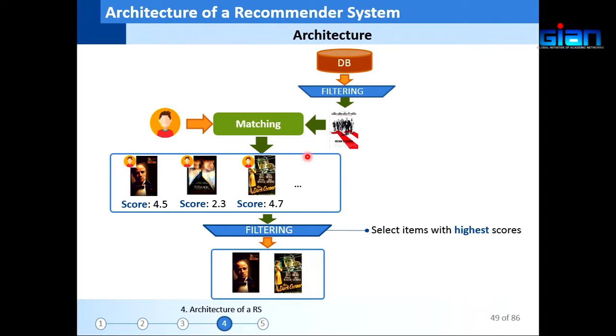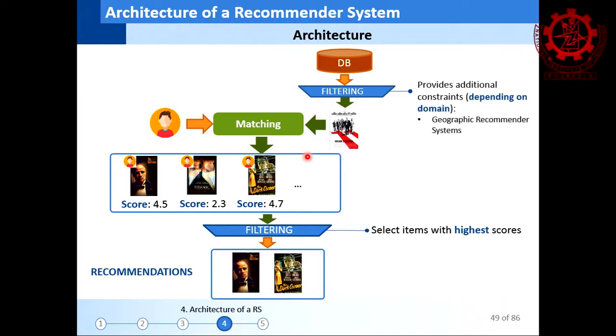So this filter selects the items with the highest score, and generally it provides additional constraints depending on the domain. For example, if we want to implement a recommender system about restaurants, we have to provide additional constraints.